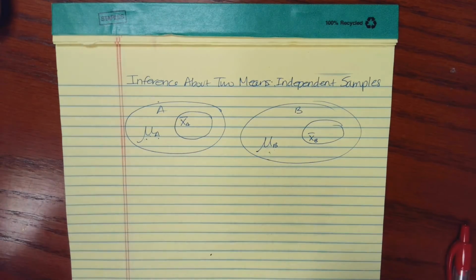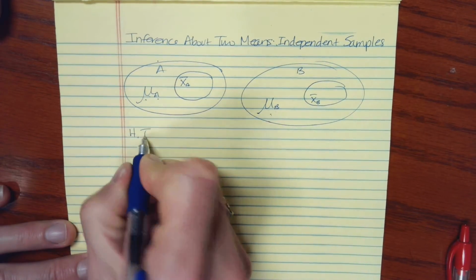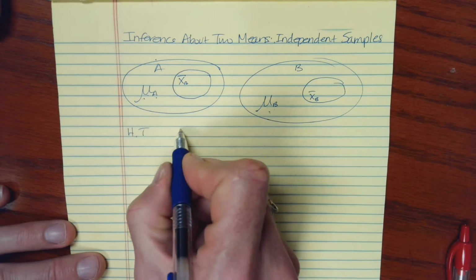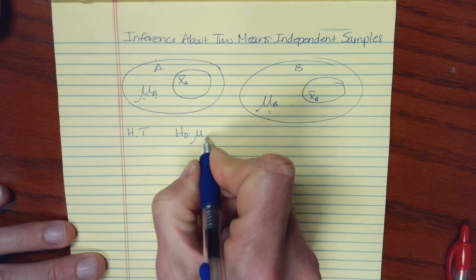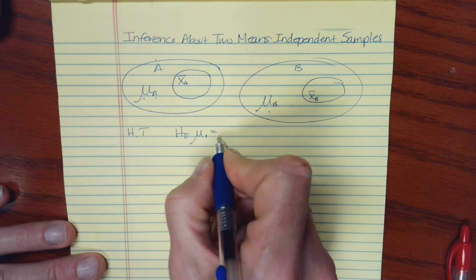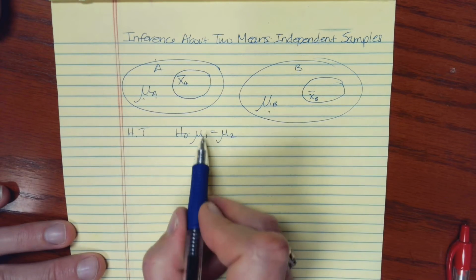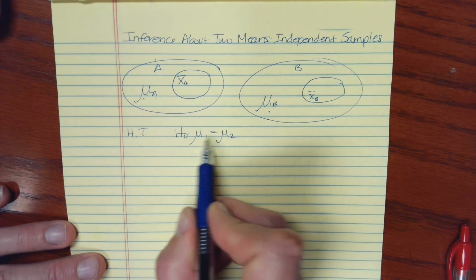So let's get started. First I want to talk about a hypothesis test for the difference in two means when you have independent samples. The null hypothesis here would be that the mean from group 1 is the same as the mean for group 2. And again, a hypothesis test is about this parameter, so the population value from mu.